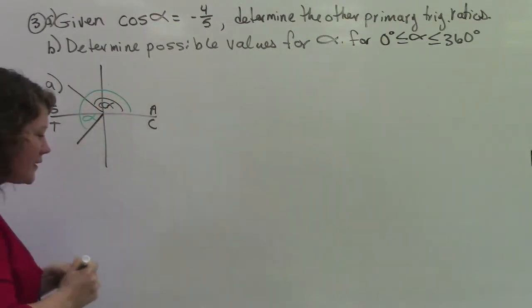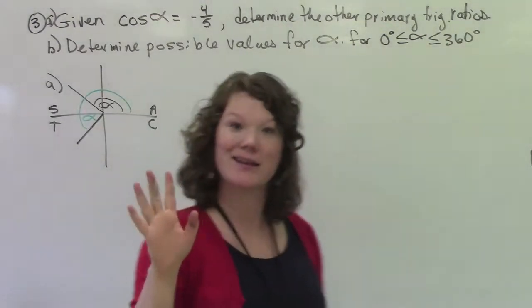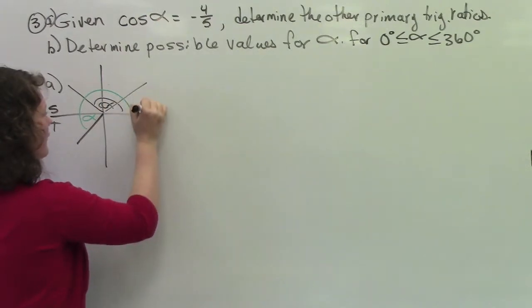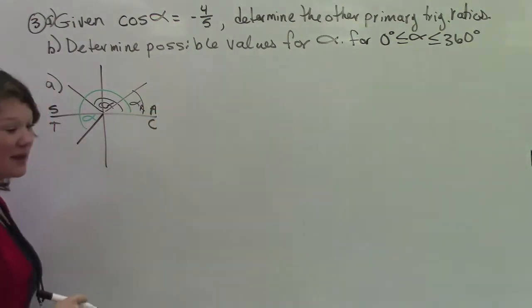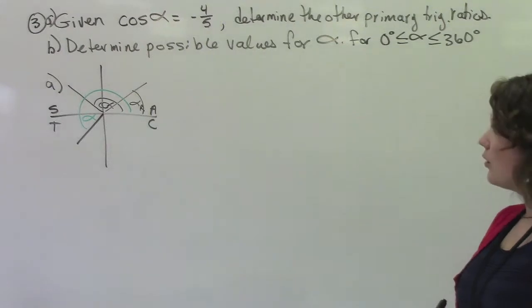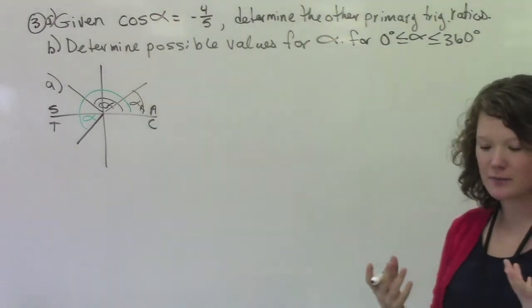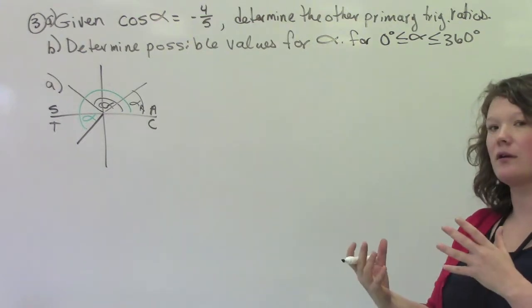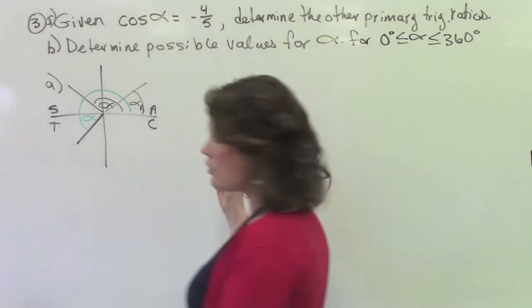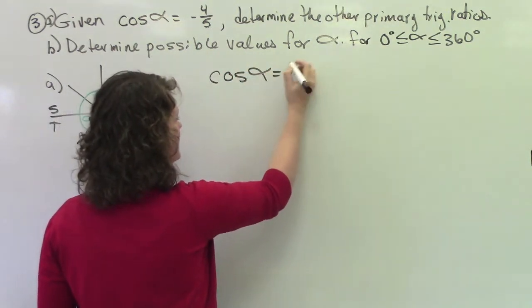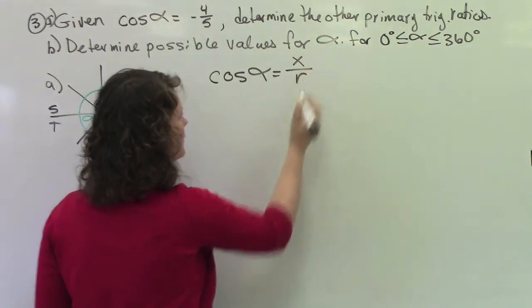But what we need to first do, because remember guys, our calculators are dumb, is figure out what our reference angle is. In this case, we're going to say alpha r instead of theta r, our reference angle. So we know from our previous video, like the intro video, that cos alpha is x over r.